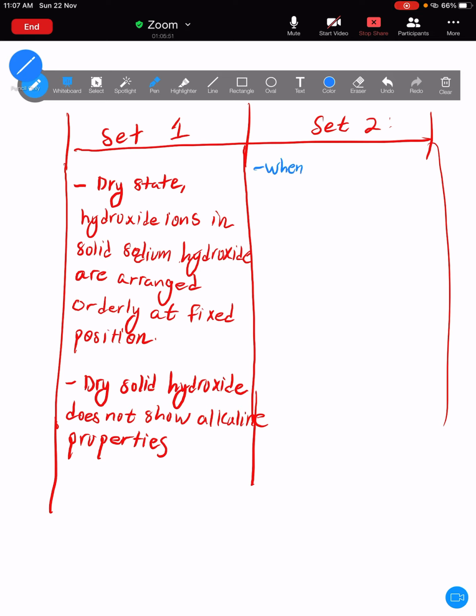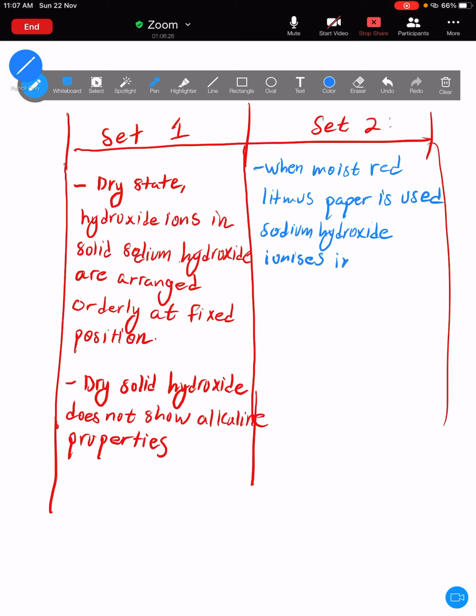When moist red litmus paper is used, sodium hydroxide ionized in water to produce free moving ions.